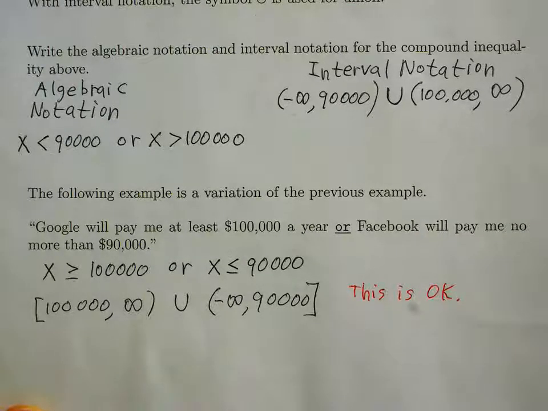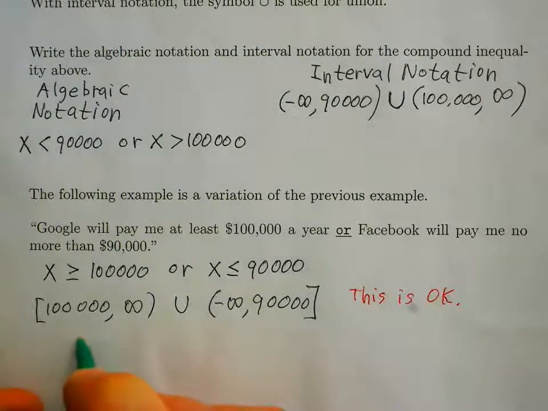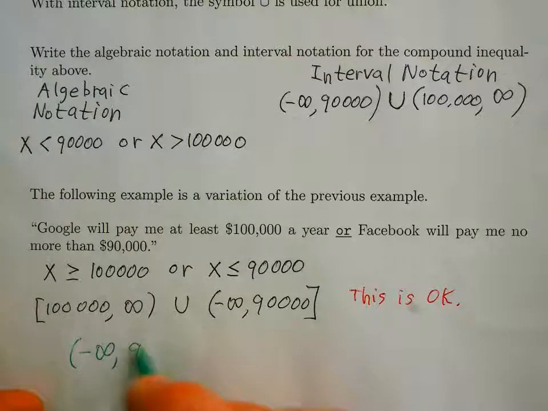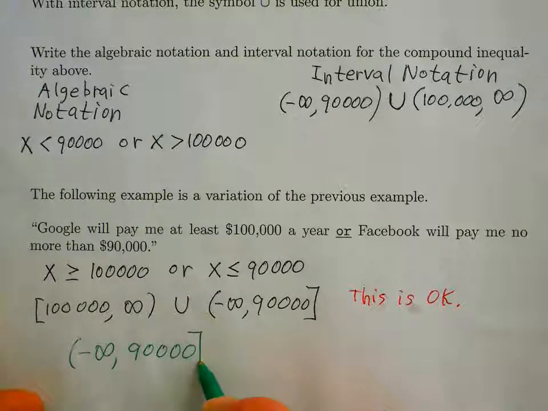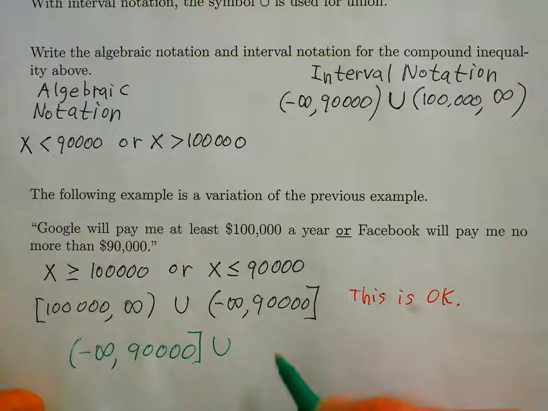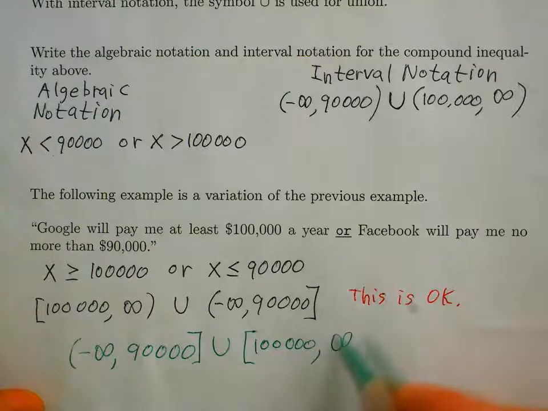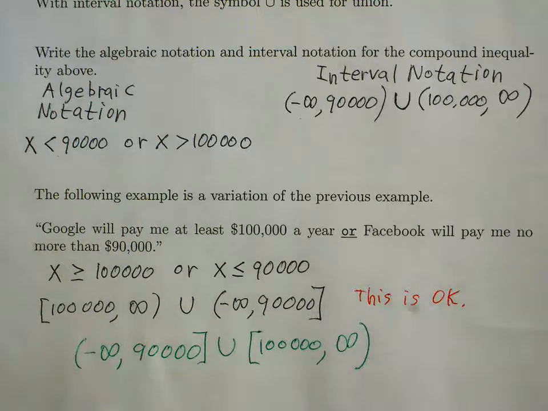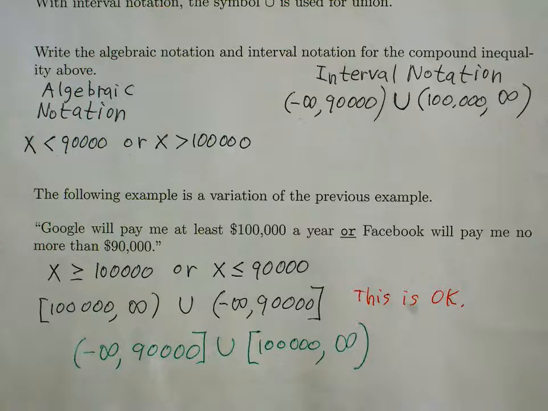But if you would rather write this as parenthesis, negative infinity, comma, 90,000, bracket, union symbol, and then bracket 100,000, comma, infinity, you might find the second one is more convenient because we normally read from left to right, and on the number line, the smaller numbers are to the left, the larger numbers are to the right. But either is fine in this case.